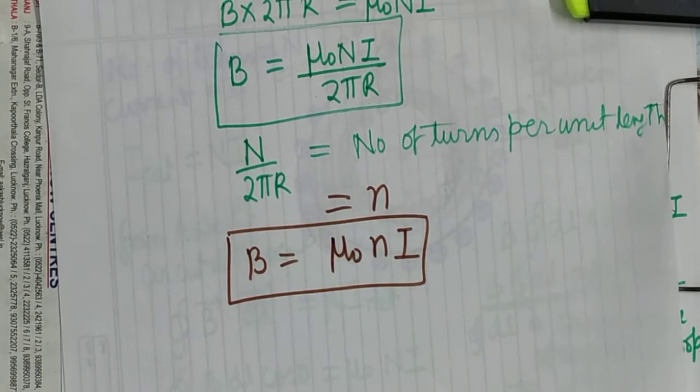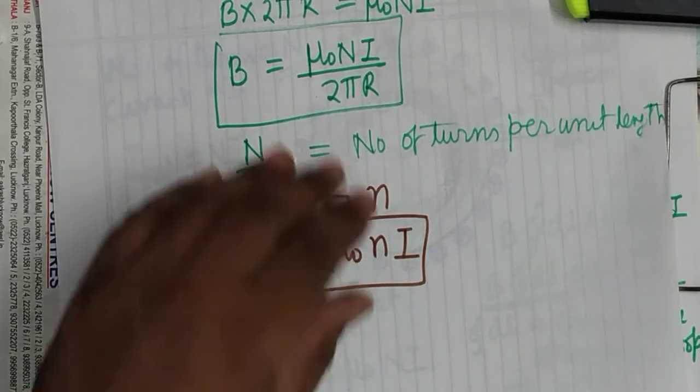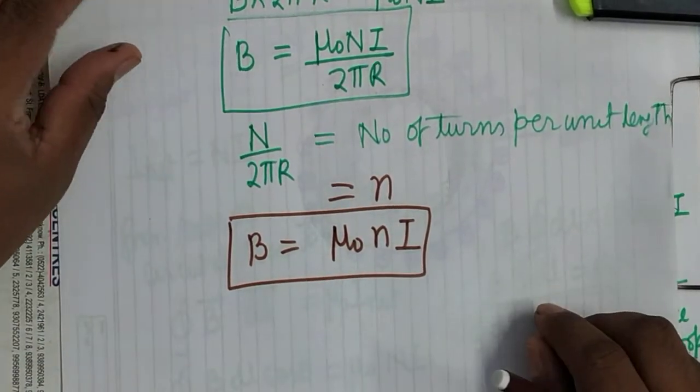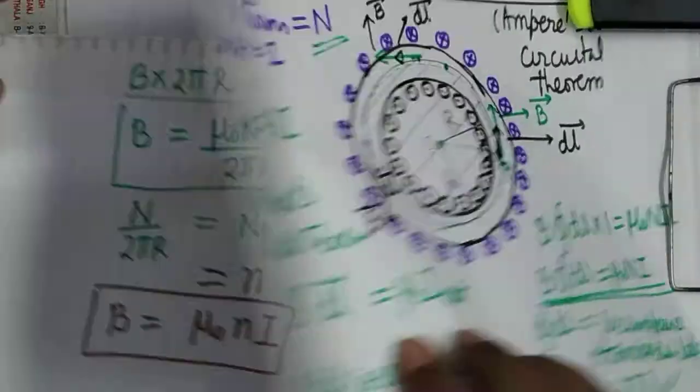But suppose you have to find the magnetic field within the empty space enclosed by the toroidal solenoid, or outside the toroidal solenoid, then how will you find it? So you can see here I am making another diagram.